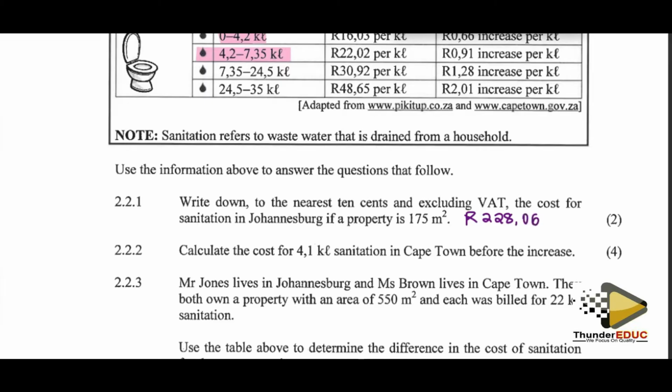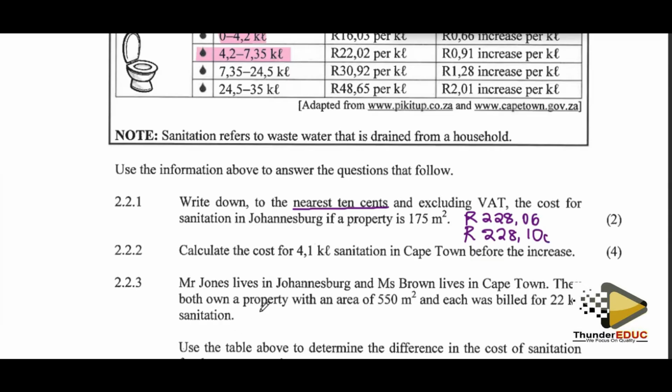Six what? Cents. They said round off to the nearest 10 cents. Already 6 is above 5, so this is approximately that. That's what they wanted you to do.